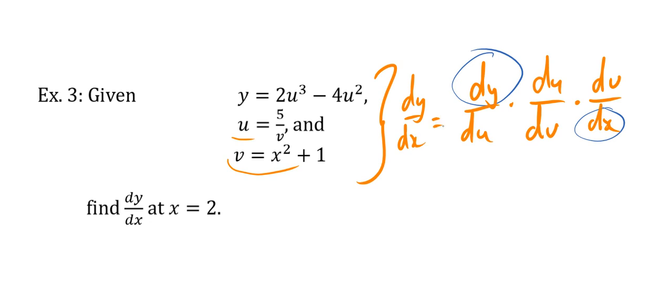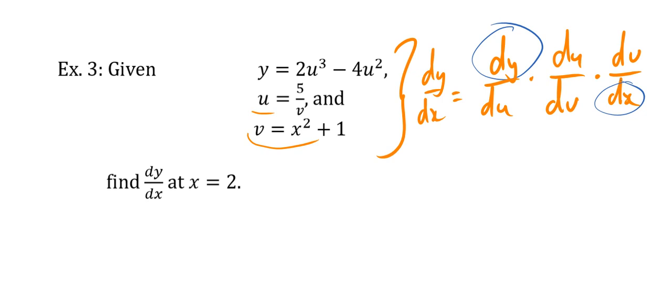Do you see how that works? You're chaining them together. And so I find the derivative of each of those, multiply them together, sub in at x equals 2, and I've got my value.